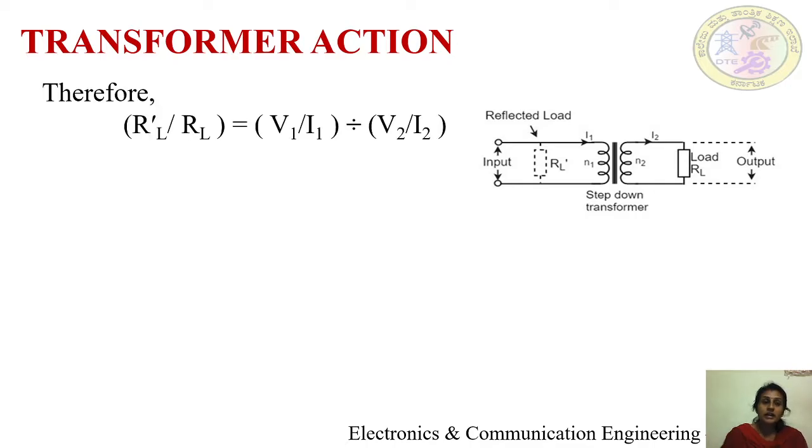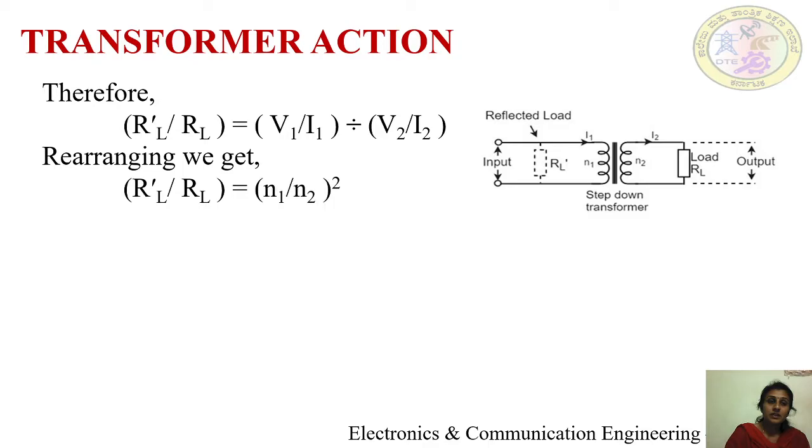So by dividing RL dash by RL, as we know that RL dash is equal to V1 by I1 divided by RL, which is V2 by I2. Rearranging, we get RL dash by RL is equal to (N1 by N2) whole square.